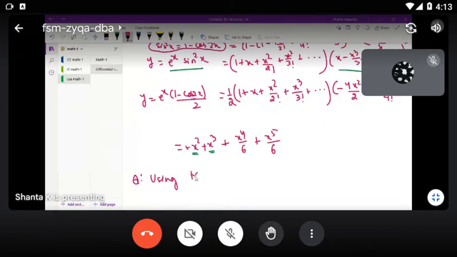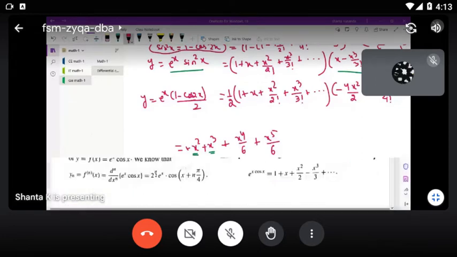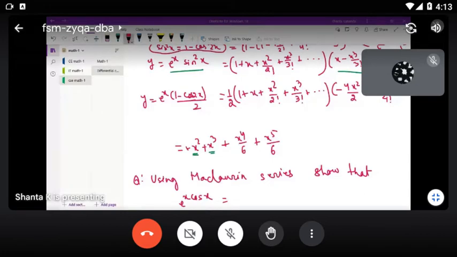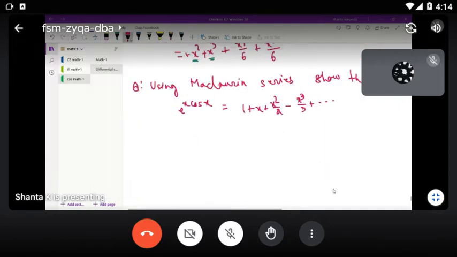So this you have to show using Maclaurin series. So do it. Only take 2-3 minutes.